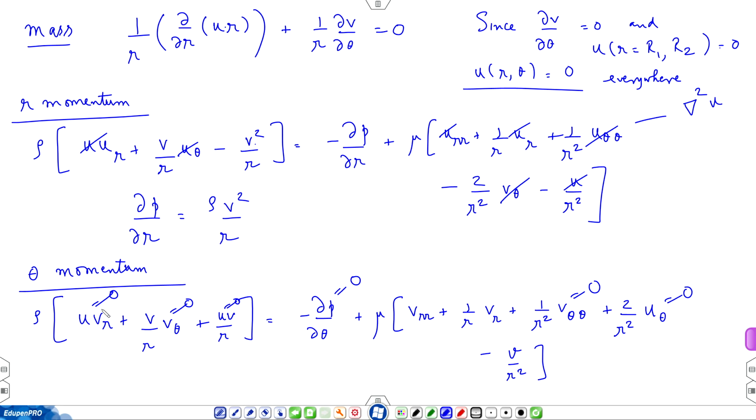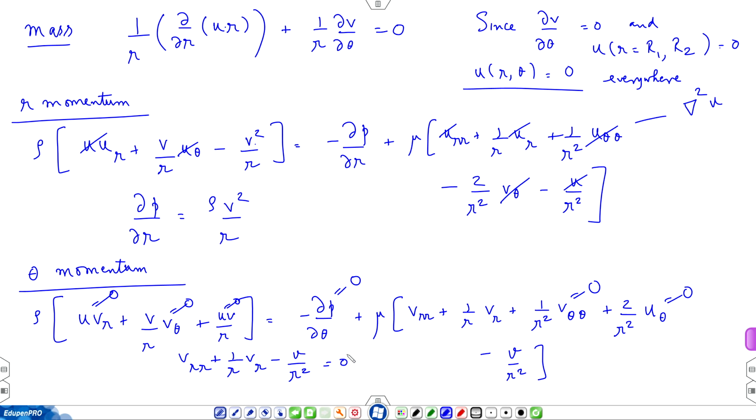So, you have only the viscous terms: v rr plus 1 over r v r minus v over r square equal to 0. This is a simple ordinary differential equation with two boundary conditions.